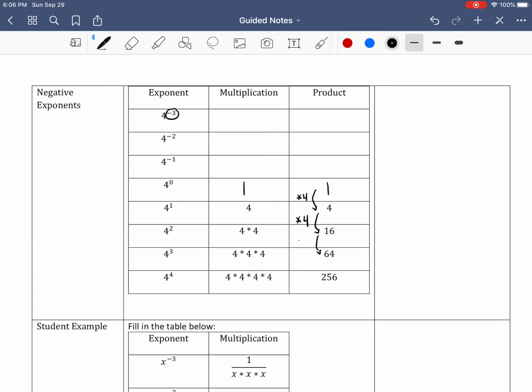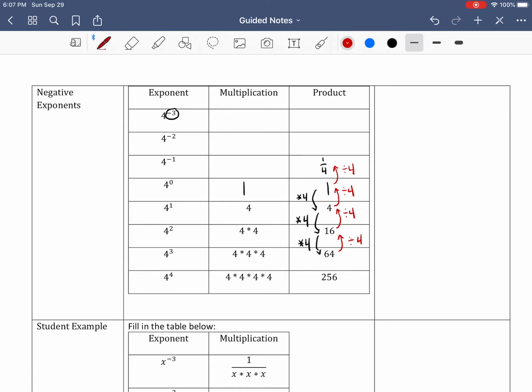From 16 to 64, we're multiplying by 4. When we're going down, we're dividing by 4. 16 to 4, we divide by 4. From 4 to 1, we're dividing by 4. That means we would have to, again, divide by 4, which would leave us with 1/4.